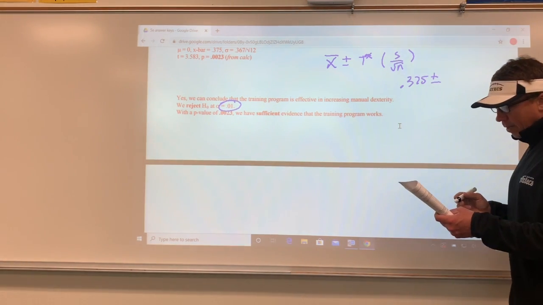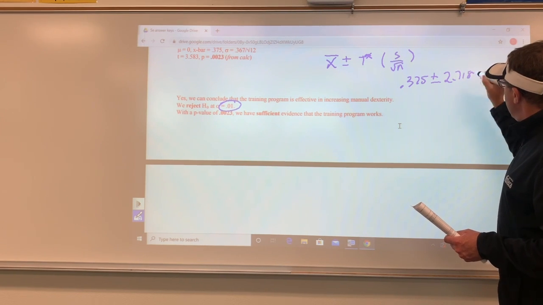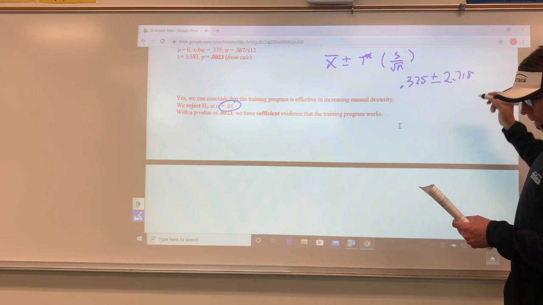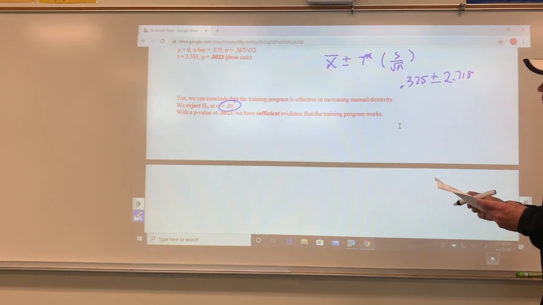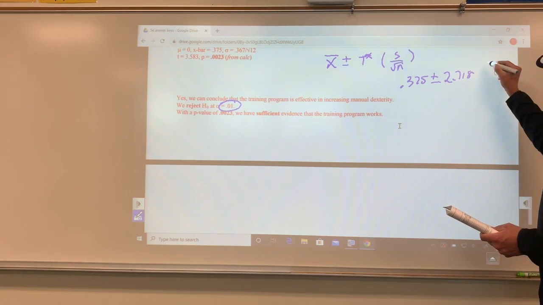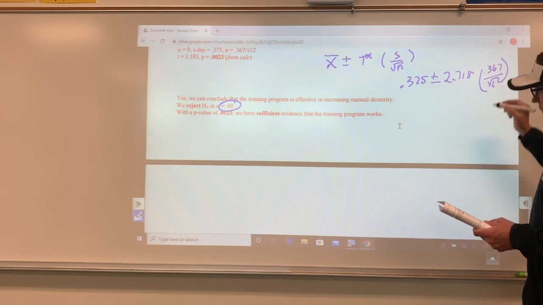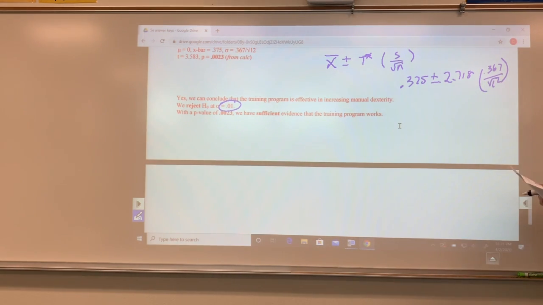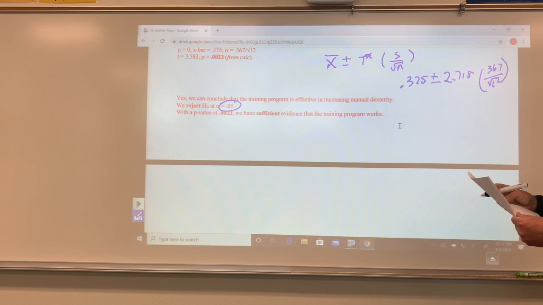On that chart, that number is going to come out 2.718, okay? And then my standard deviation for this whole thing is going to be 0.367 divided by the square root of 12, okay? And then if you get that, let's go ahead and go to the calculator and let's see if we can figure this one out, okay?